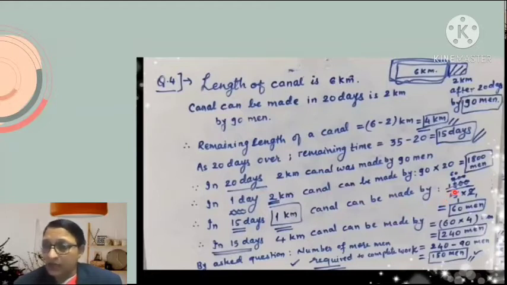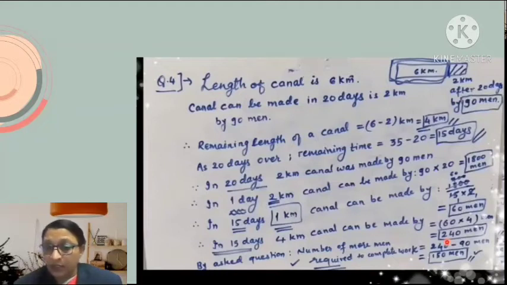So 1800 divided by 15 multiplied by 2. On doing the calculation, we get the value 60 men. Now from this value, we can calculate how many men are required to dig the 4-kilometer long canal in 15 days. So it is calculated as 60 multiplied by 4 men, that is 240 men.